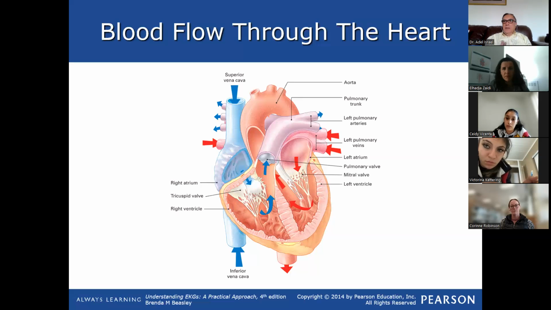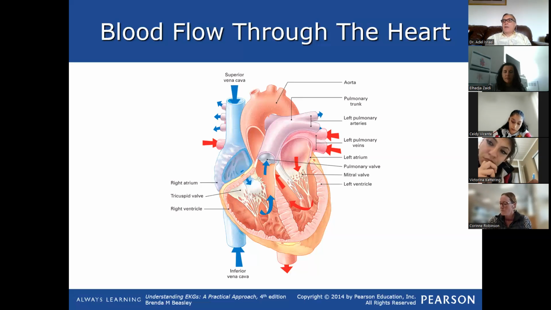The blood in the right side of the heart is deoxygenated blood. What do we mean by deoxygenated? It means low oxygen content, but more carbon dioxide content.